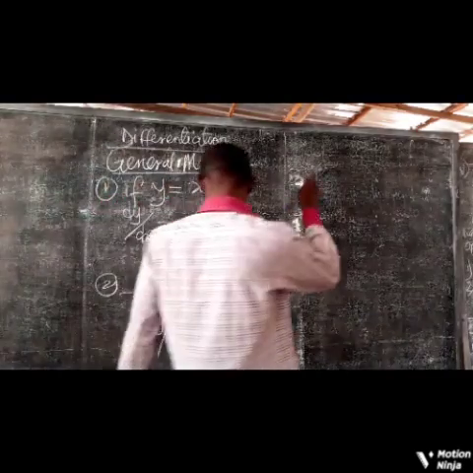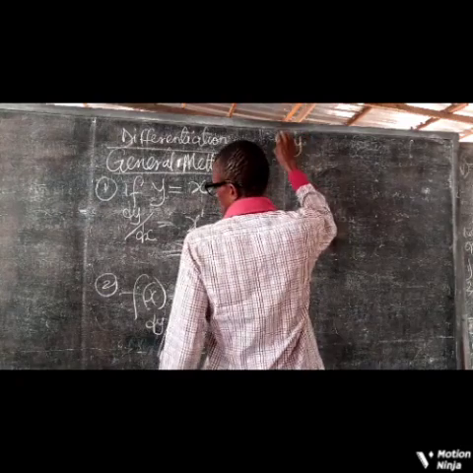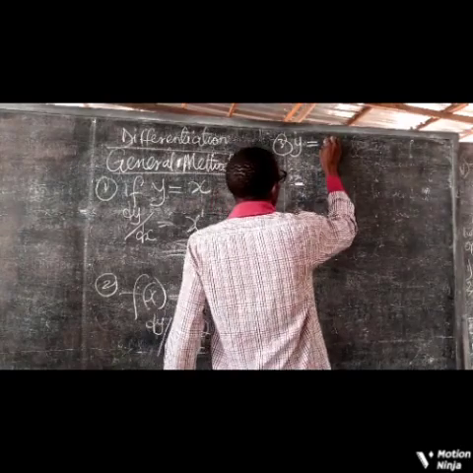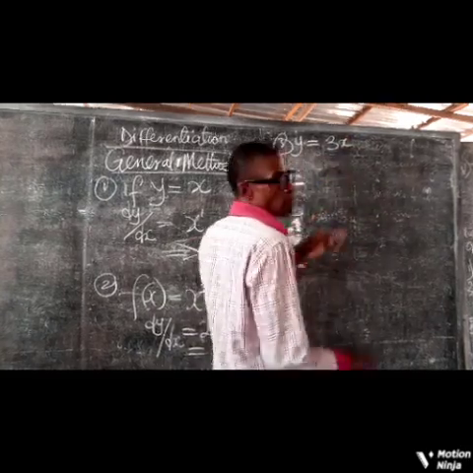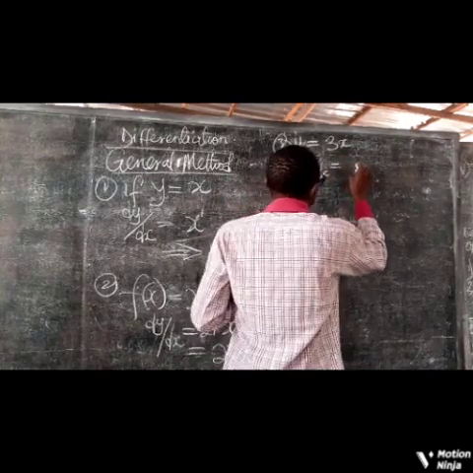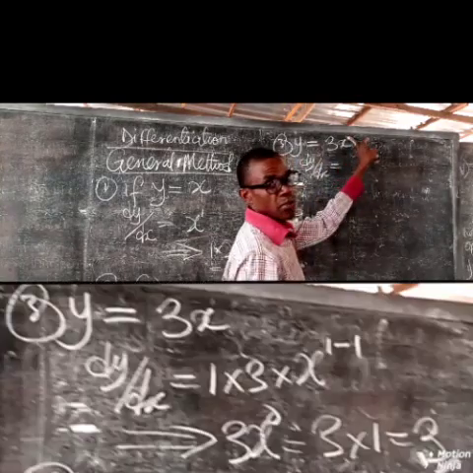Let's take one more example. Number 3, y is equal to, let's say, 3x. Differentiate y in terms of x, so dy/dx will be equal to, now the power of the variable is 1.